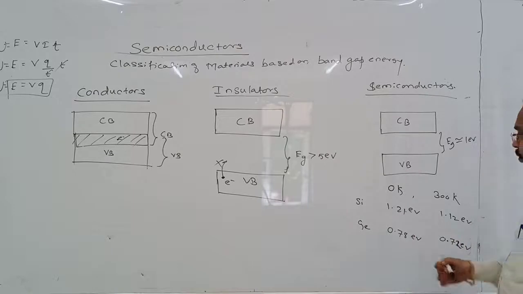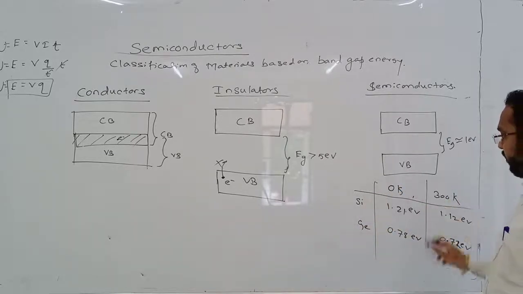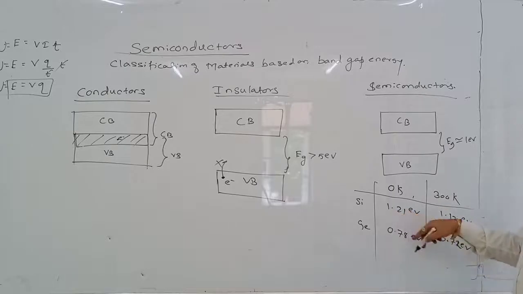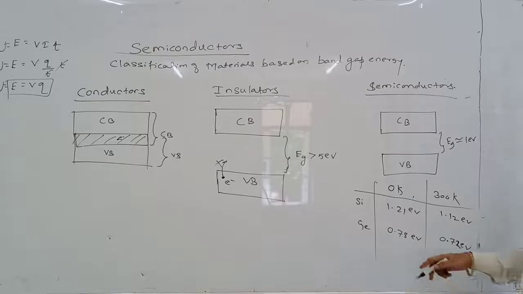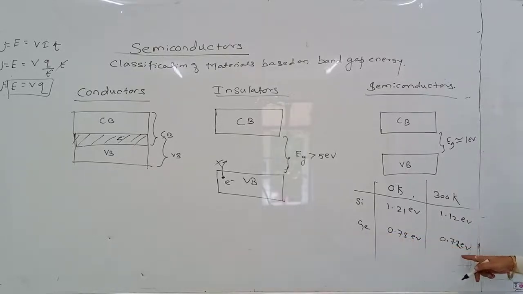Data I have given you: silicon at 0 Kelvin it is 1.21 electron volt, and at 300 Kelvin it is 1.12 electron volt. For germanium it is 0.78 electron volt and 0.72 electron volt. See, it is just above one and it is just below one. That means it is near to 1 electron volt.